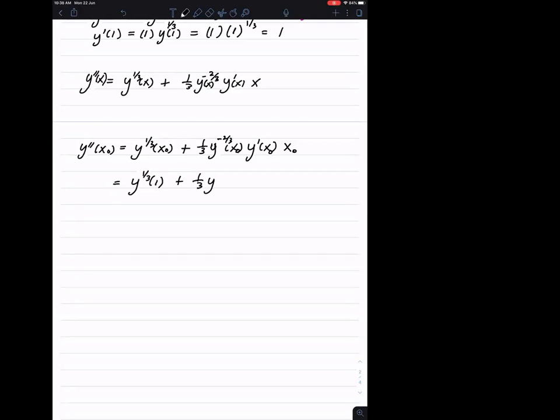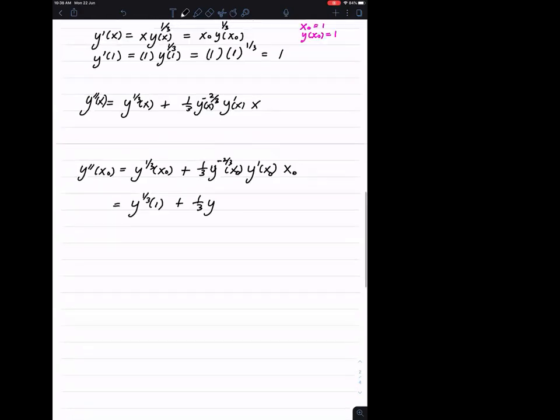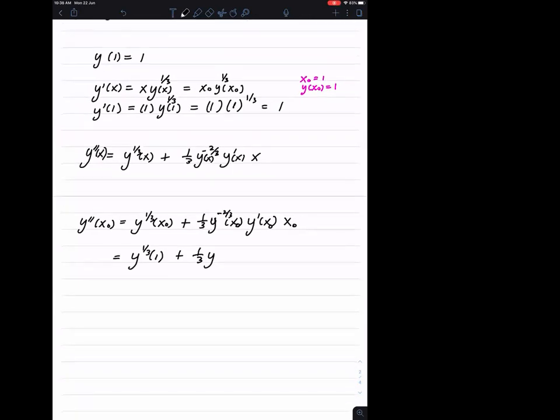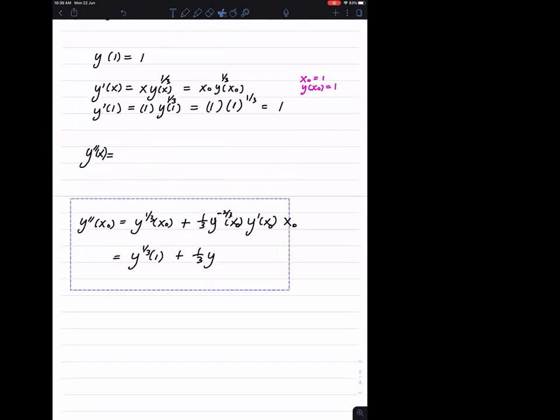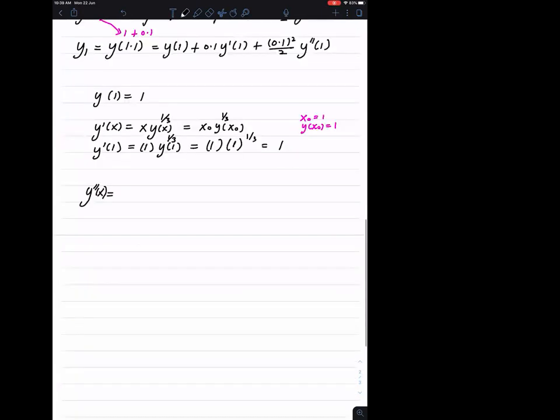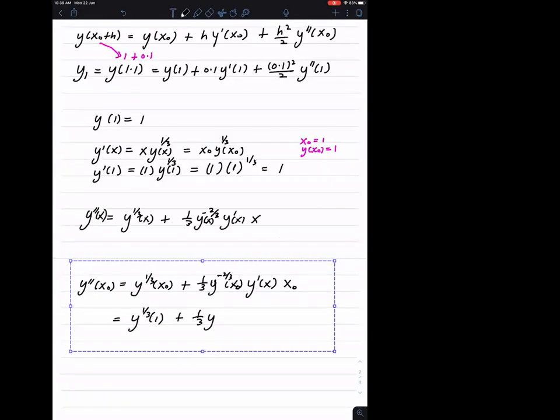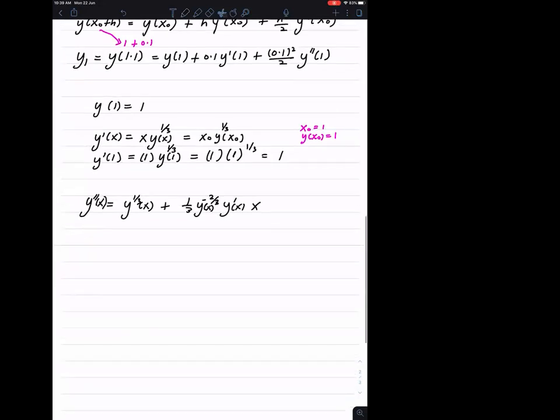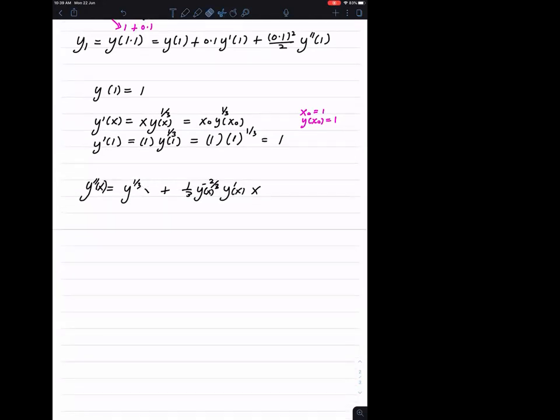Okay, before I move on with this, I want to do something here. Let me go ahead and redo this part. After you took the second derivative, we don't like to write this x.